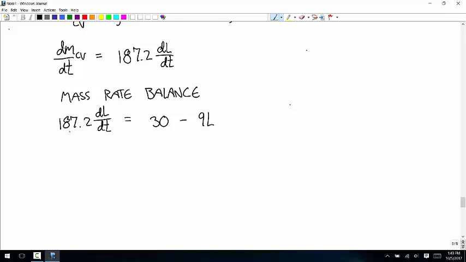We'll get all of the expressions involving L on one side, and the other stuff on the other side. So dL dt plus 0.04808 L is equal to 0.1603.